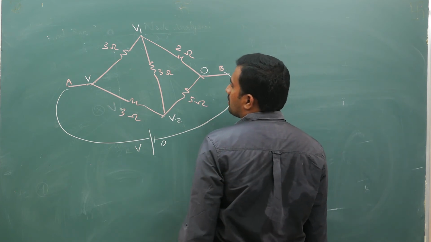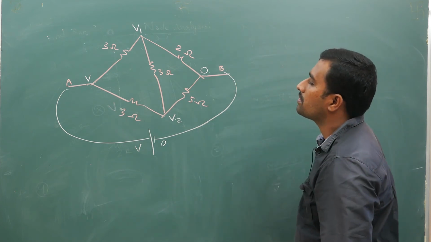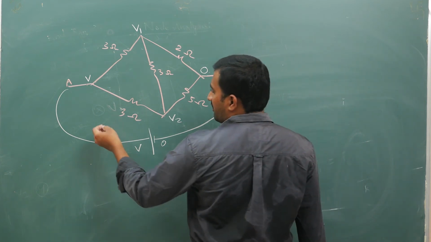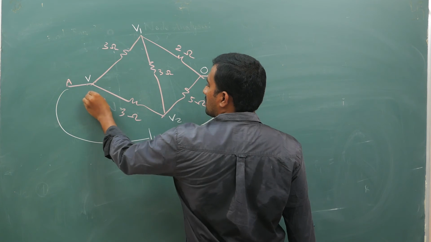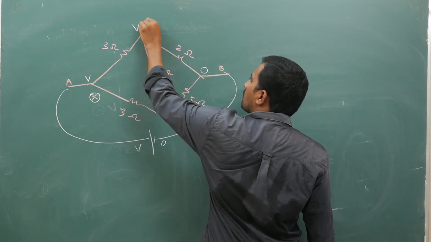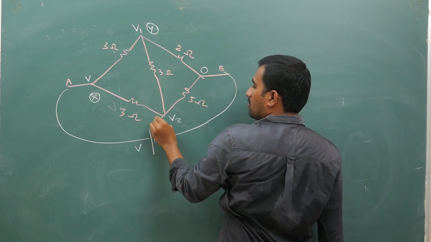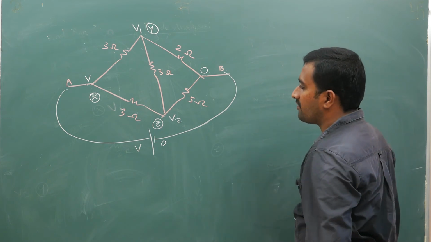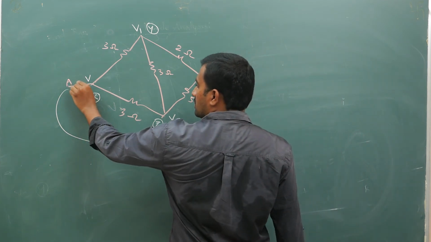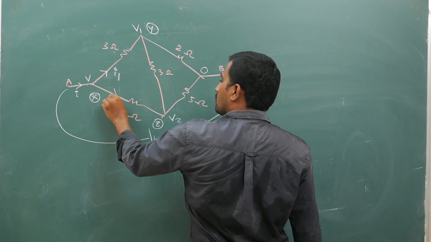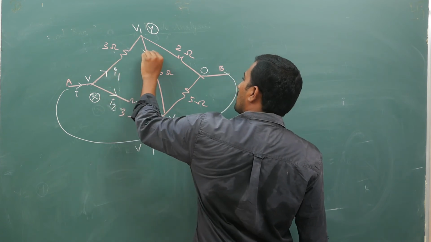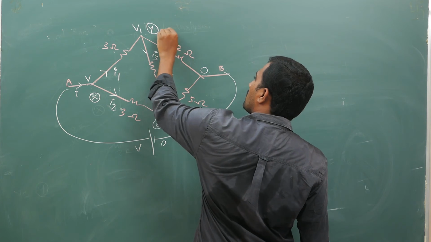Next, I'll identify the nodes. I'll mark this as X, this as Y, this as Z. Always start from the left. Then mark currents I, I1, I2, then I3 here, I4 here.